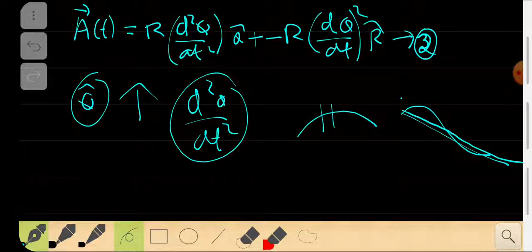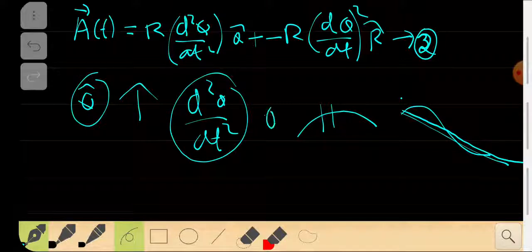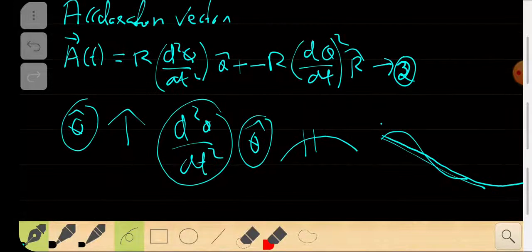Anyway, d square theta by dt square will directly contribute to the acceleration in the theta cap component, whereas the r cap component will inversely contribute to the acceleration. So acceleration will be smaller if the radial component is larger.